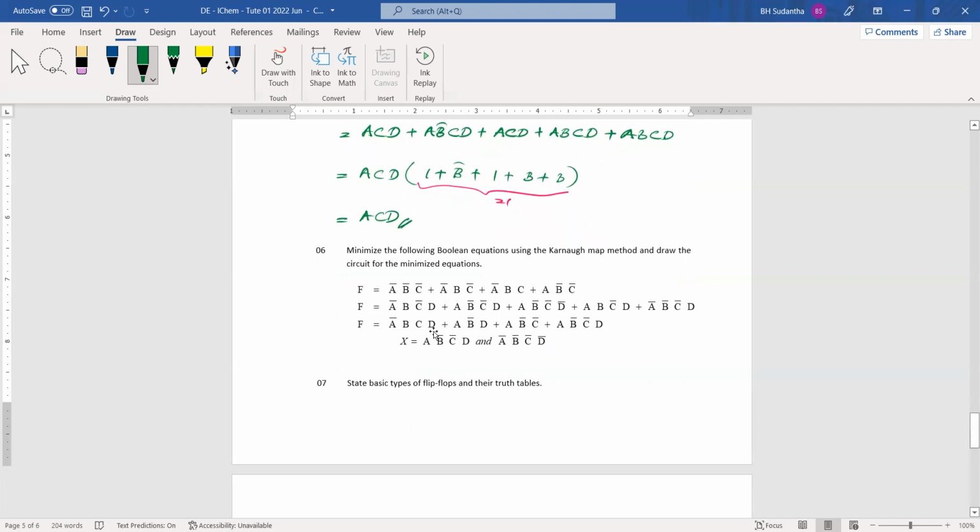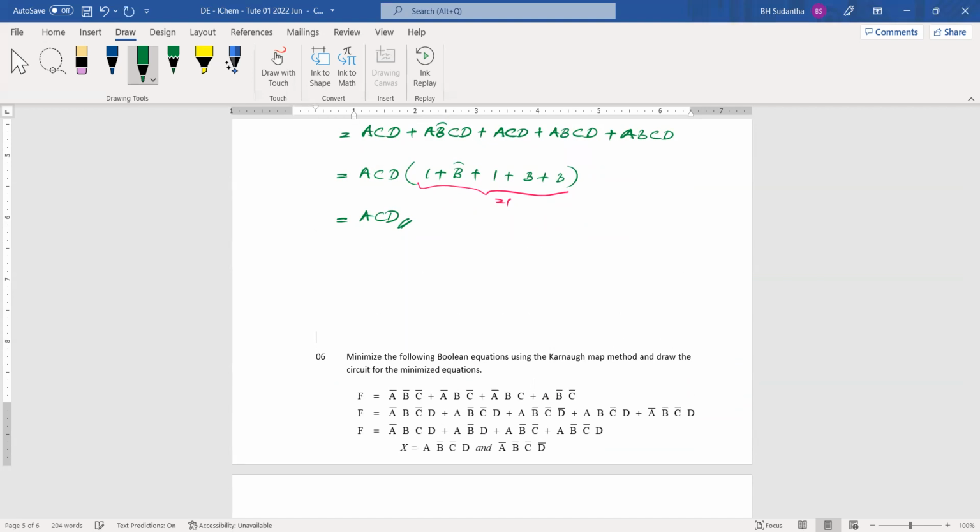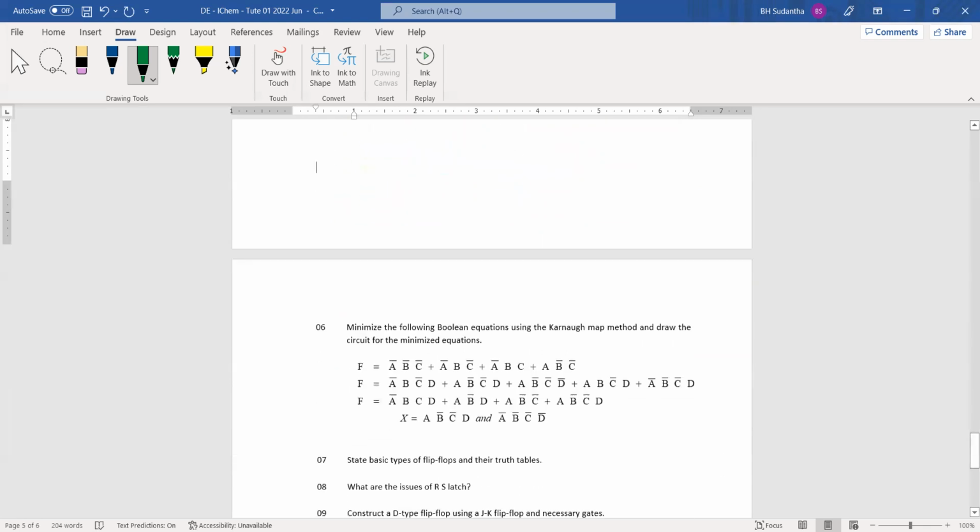What about this? The first one is okay. The second one is also okay. Shall we try this third one? What do you think?